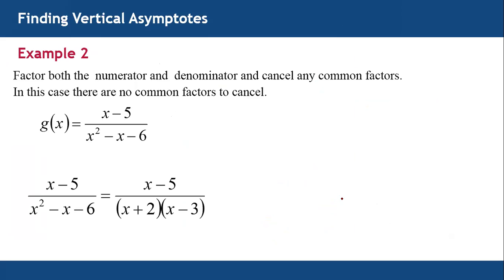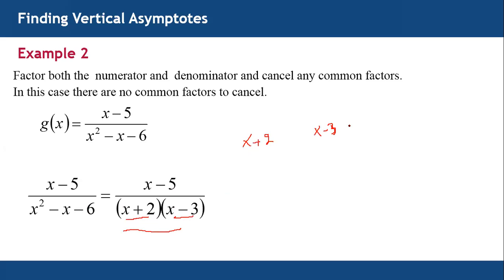Factorizing x square minus x minus 6, we get x plus 2 and x minus 3. We don't have a common factor between numerator and denominator.